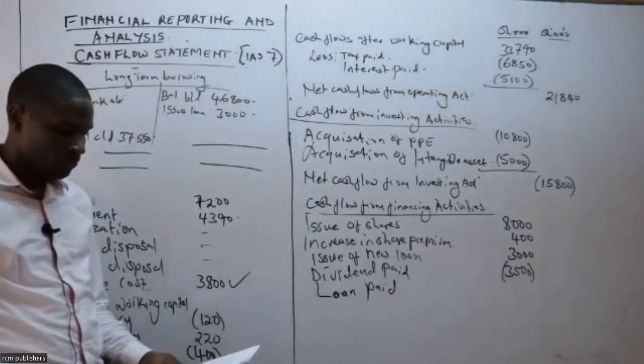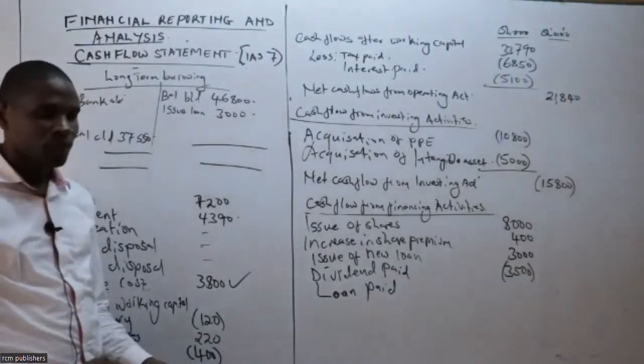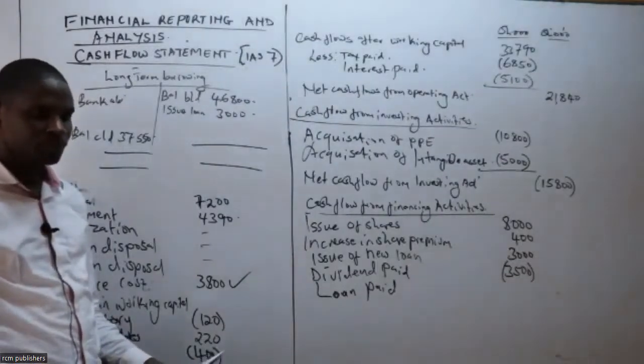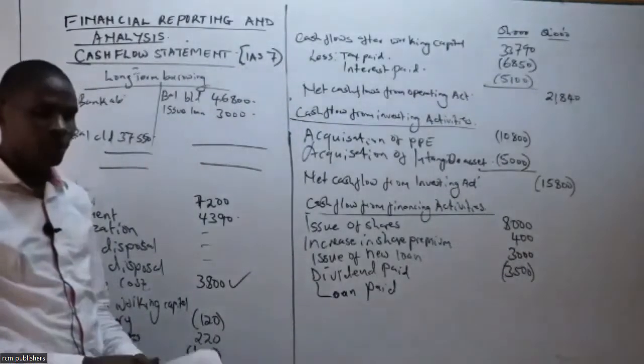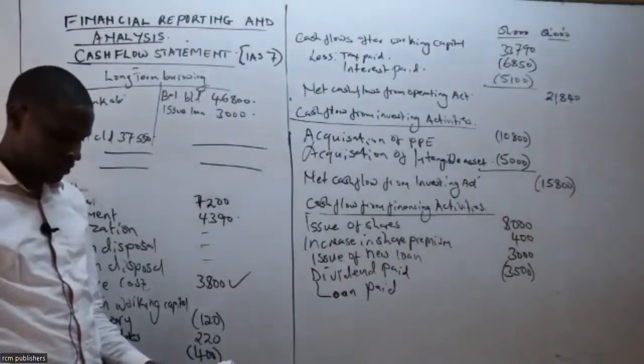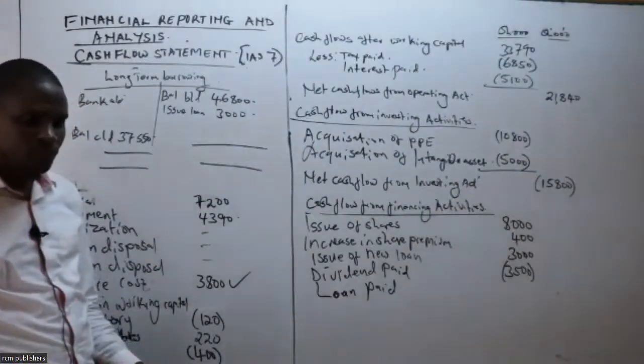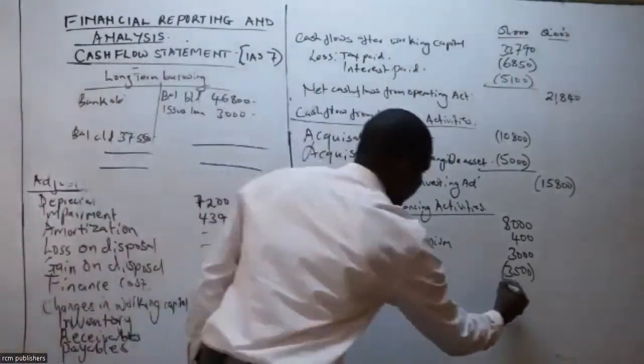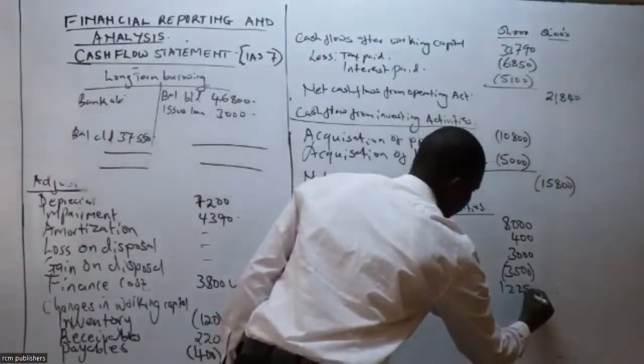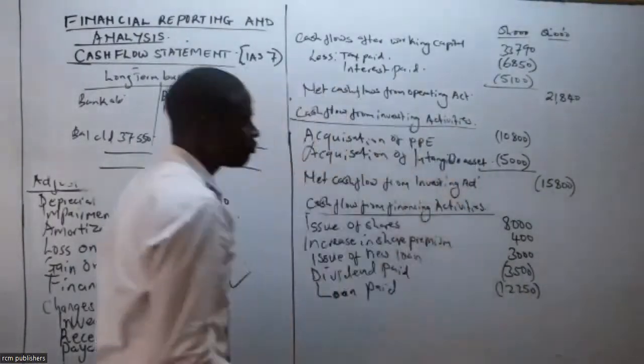How much are you getting as the balance there? 12,350. That will be an outflow.